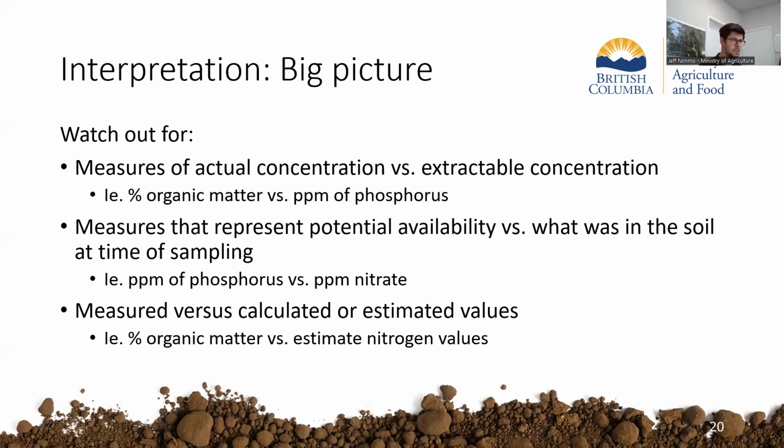Often on lab reports, you might see something like an estimated nitrogen value. Unless you've asked them to perform some sort of add-on nitrogen incubation or extra process, which would be an extra fee, chances are they're just using some of the existing measurements and a formula of some kind to estimate what they expect from nitrogen release.